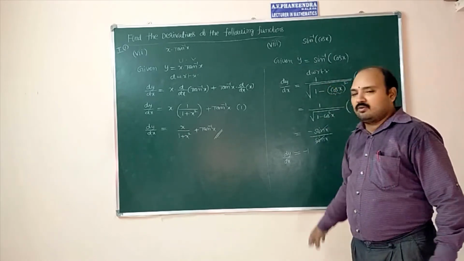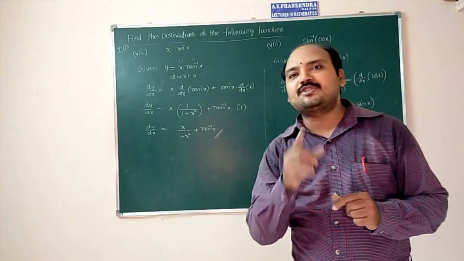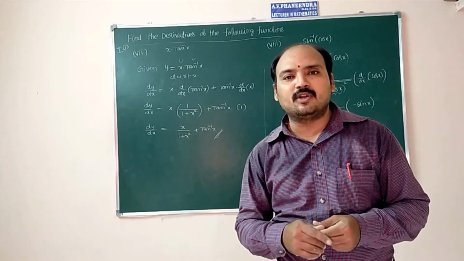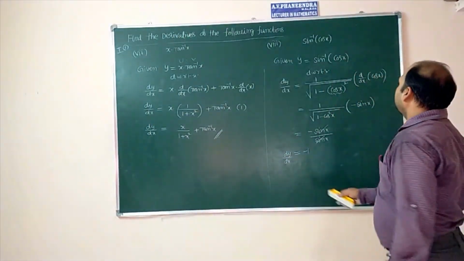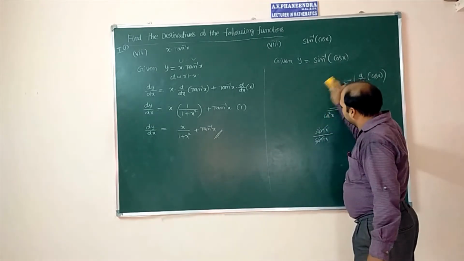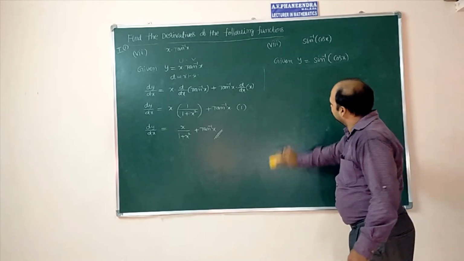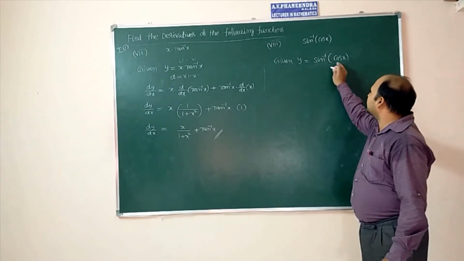For this problem, we can also apply one more method by using inverse trigonometry formulas as well as some trigonometry formulas. See how to do the problem. We know that we have to write cos x in terms of sine.